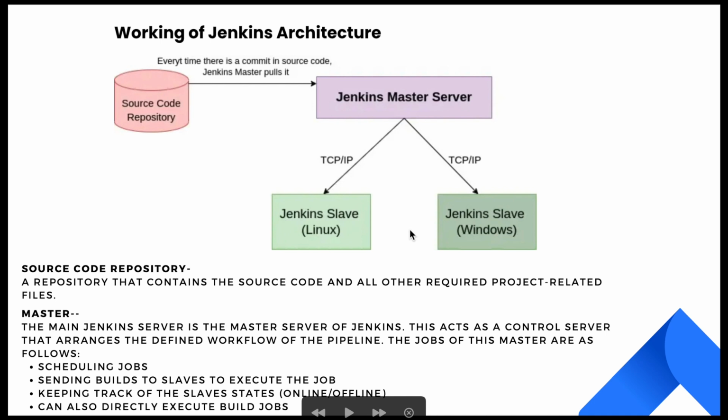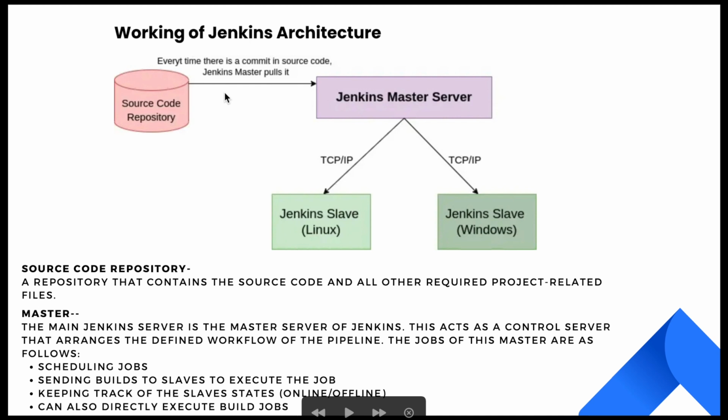Whenever your repository, that is the version control tool, which may be Git, SVN, etc., receives a check-in from a developer, the Jenkins master server has Poll SCM configured, which polls your repository again and again.